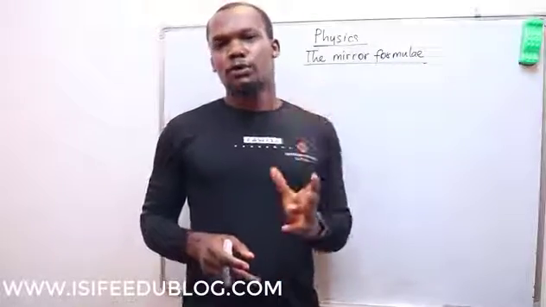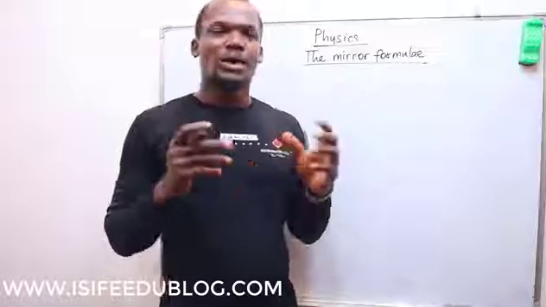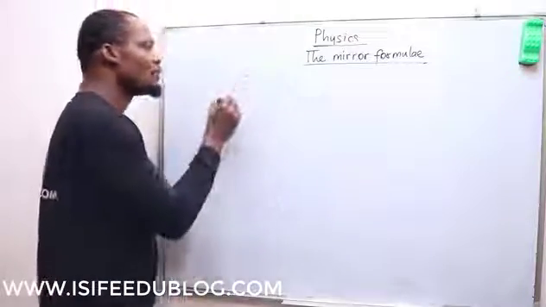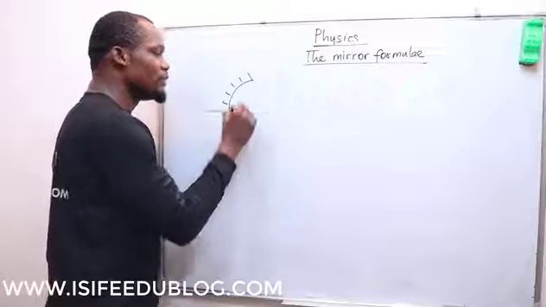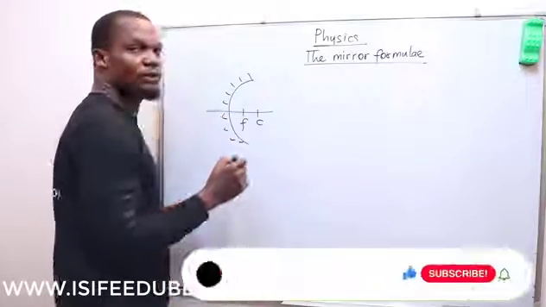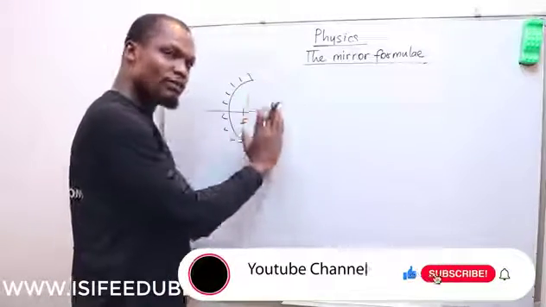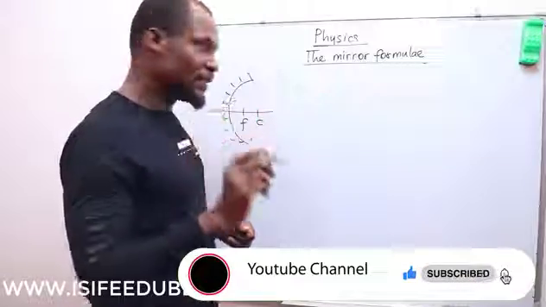Now, concave mirror being a converging mirror, you have to notice again that for a concave mirror, the focal point and the center of curvature are in front of the mirror, making it positive.